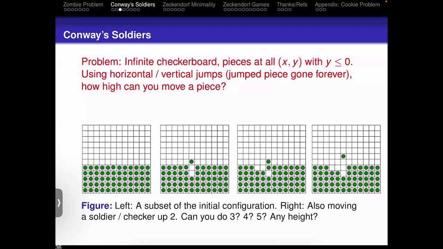So you can get up to row 3 and you can get up to row 4. But it depends on how you get something up to row 4 as to whether you can get something close to it. And so in the interest of time, I put this on Amazon Turk, and had 1,000 people try for 1,000 hours, and no one was able to get up to row 5. Less confident now, I assume.